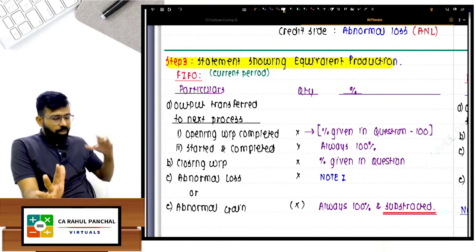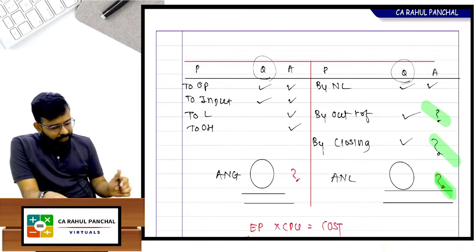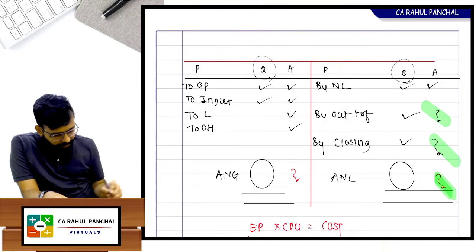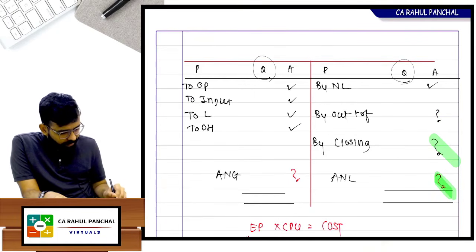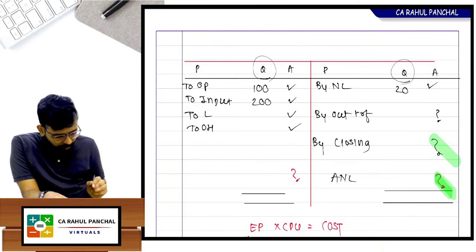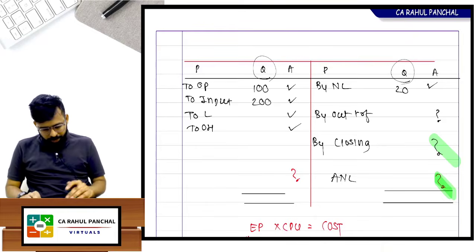Okay, now understand. If I say FIFO method, whatever units I have, let us say, here I will just take numbers so that I can give you clarity. Let's say this is 100, let's not take abnormal gain, this is 100, this is 200, normal loss 20. So now if I need to fit the values, it is 300 minus 20, 280 I have.